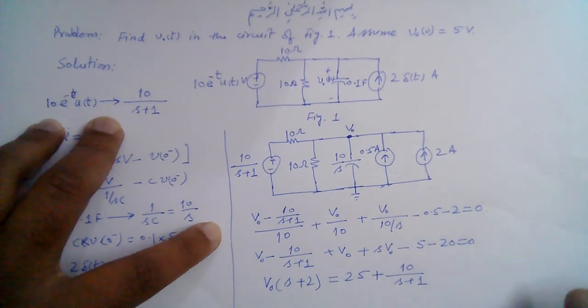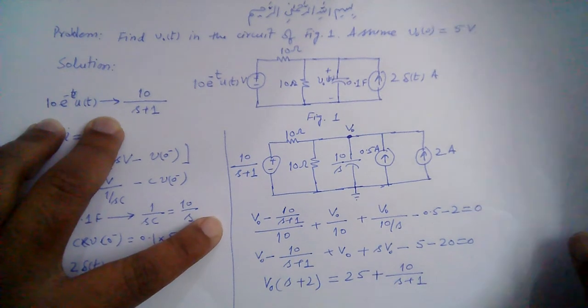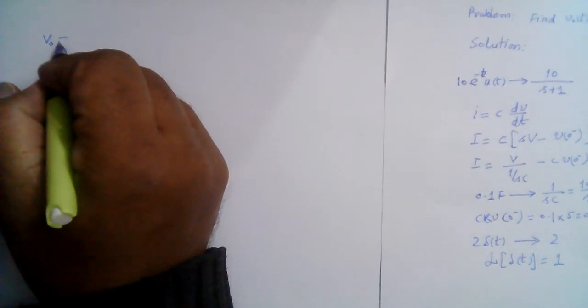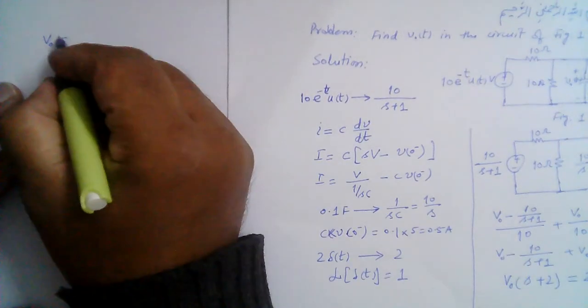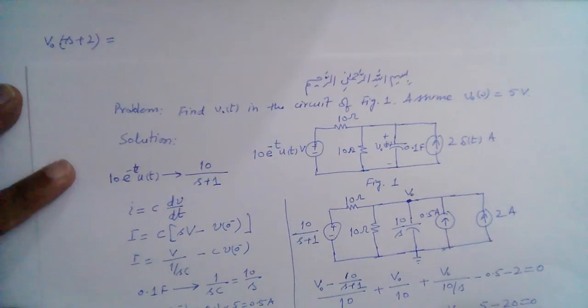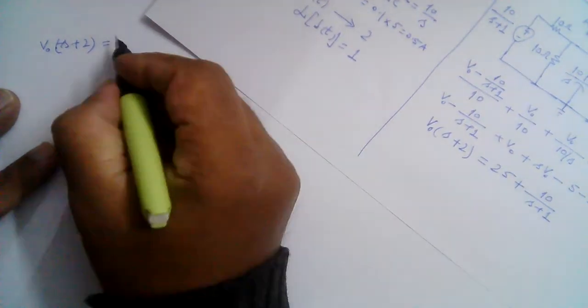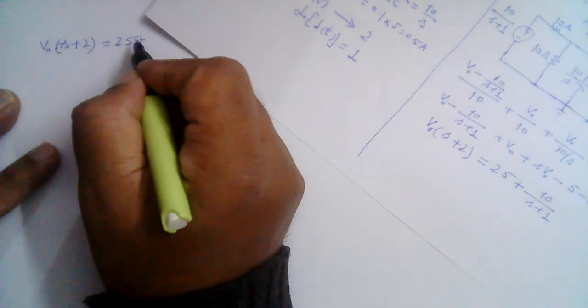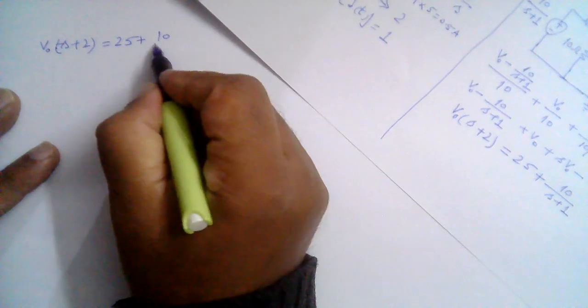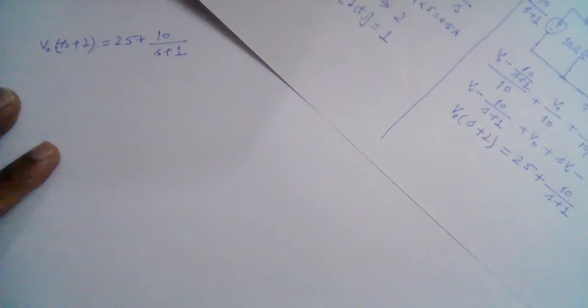So V naught into (S plus 2) is equal to 25 plus 10 over S plus 1.